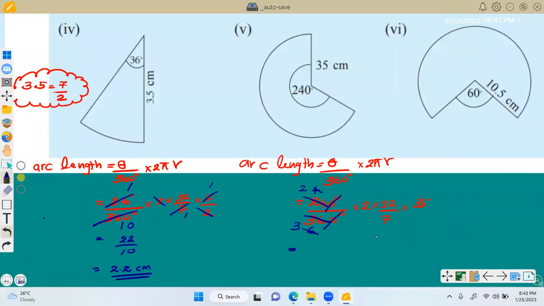Then 35 divided by 7 it is 5. Okay. So we obtain 2 into 2 is 4, 4 into 5 is 20, into 22 upon 3. So the answer is 440 upon 3.